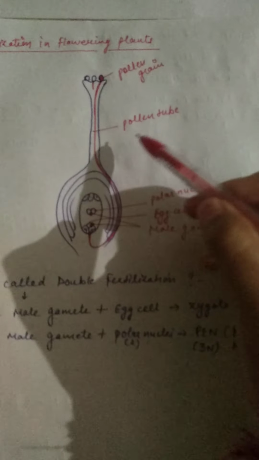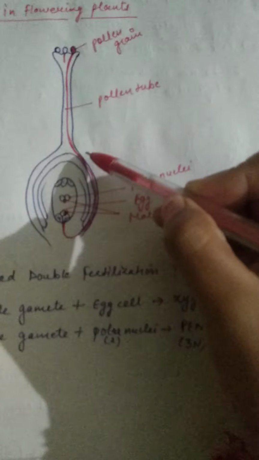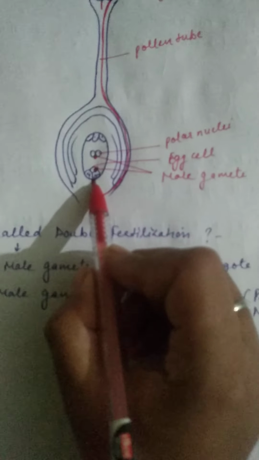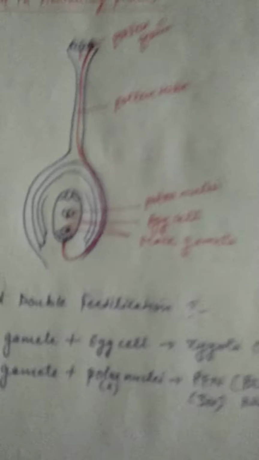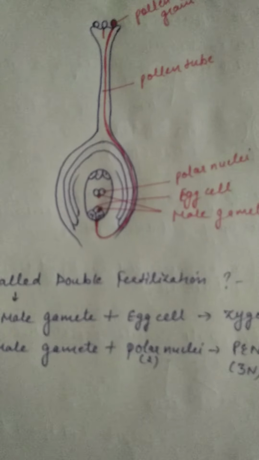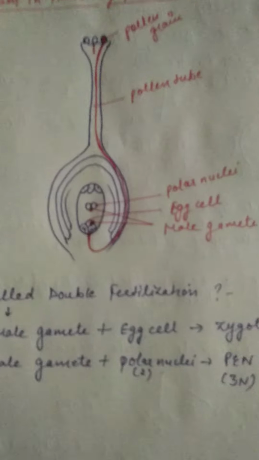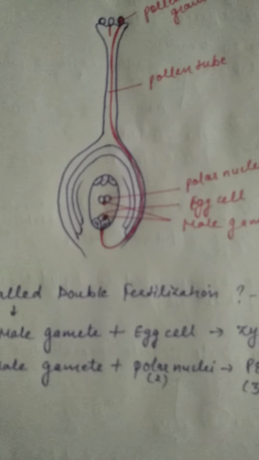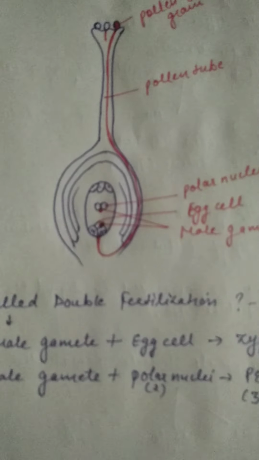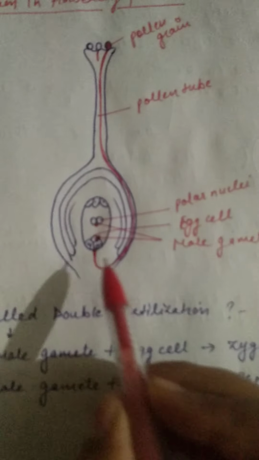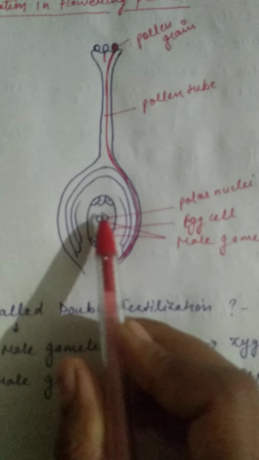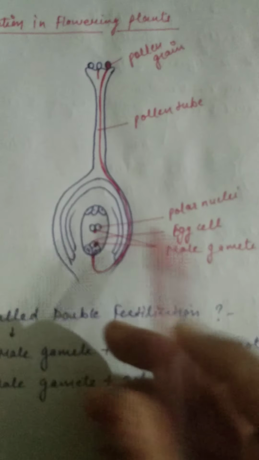The pollen tube reaches the synergids, and the filiform apparatus guides the pollen tube to enter the ovary. Now the pollen tube breaks and releases 2 male gametes. 1 male gamete fuses with the egg cell and 1 male gamete fuses with the 2 polar nuclei present in the ovary.